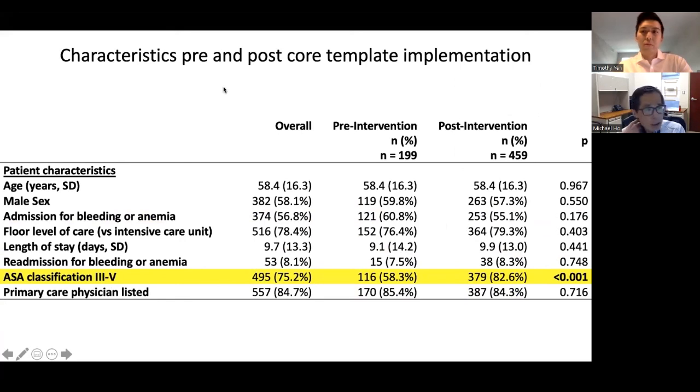And then, can you describe the process, or how hard was it to implement the template and then get it into Epic? Luckily I didn't have to implement into Epic, but implementation of the template was actually relatively easy. I think I got lucky with this. I didn't have to do much infrastructure building on the EHR side.